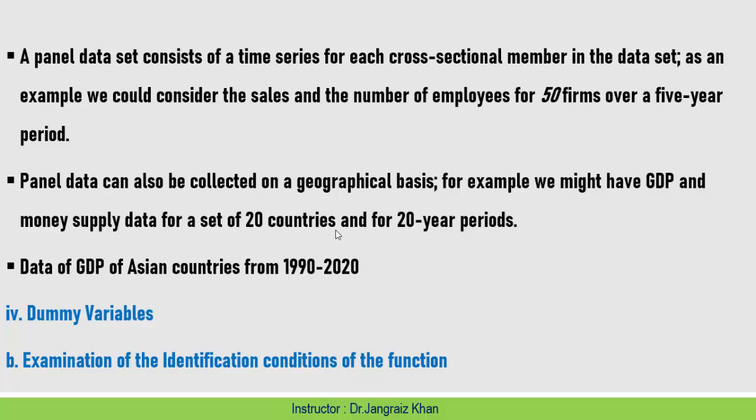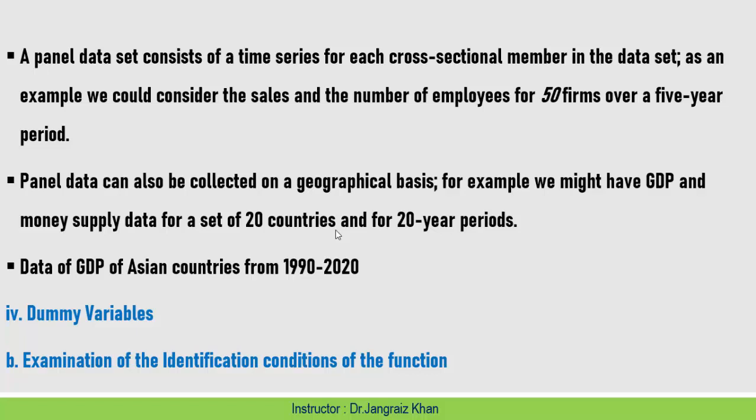Another example can be if we collect the GDP data of Asian countries from 1990 to 2020. 1990 to 2020 is time series, and Asian countries is a cross-section, because in 1990 we will get the GDP of the Asian countries, for example Pakistan, India, Bangladesh, Nepal, Maldives, etc.